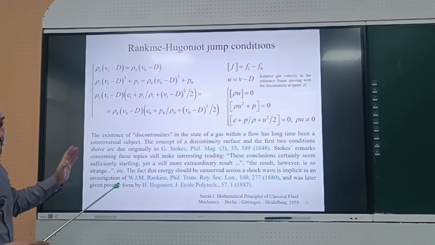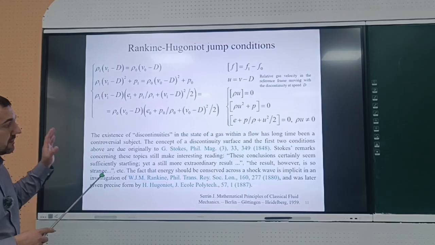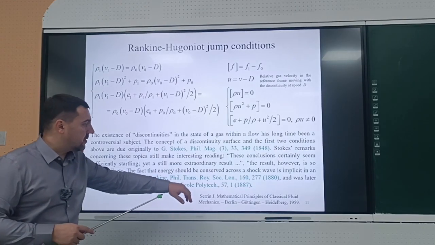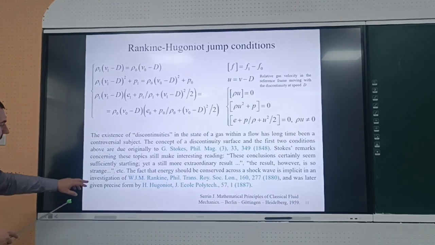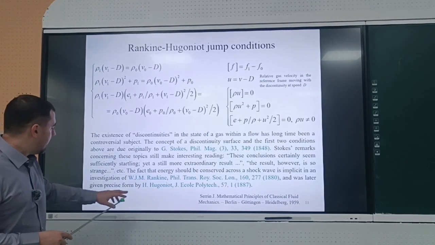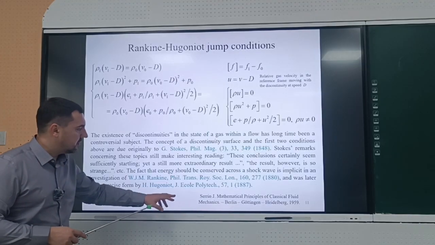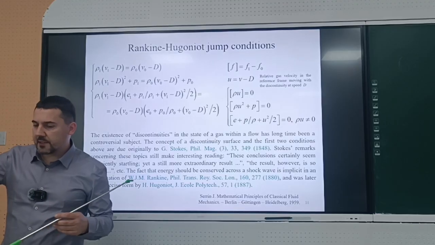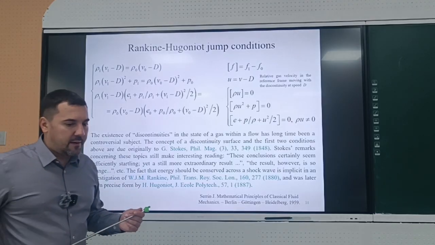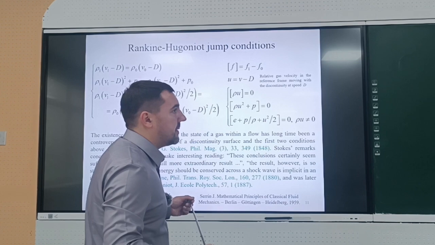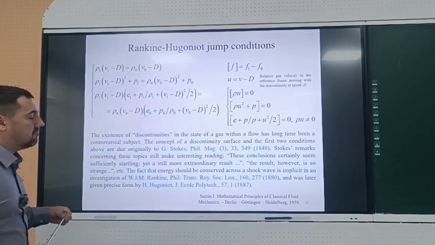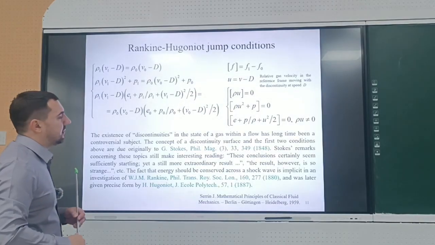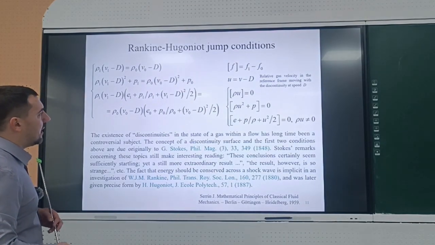But from a mathematical point of view, if you solve all equations, there is no thickness. The fact that energy should be conserved across the shock wave is implicit in the investigation of Rankine, and was later given precise form by Hugoniot. So it's the end of the 19th century, when different separate works derived all these expressions.